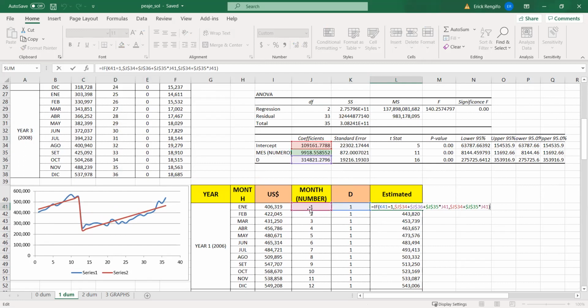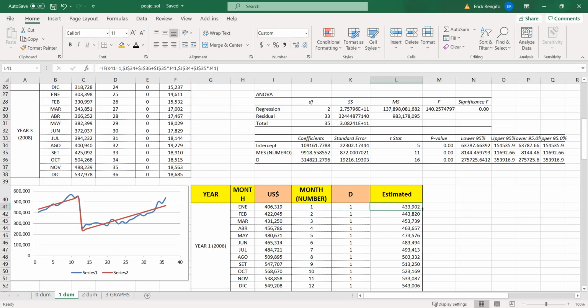So it's going to be the intercept, J34, plus J36 that multiplies the month, plus the other one. So you do the complete equation when D equals 1. If D equals 0, you can see that the regression simply gets smaller. So you only take the intercept and the month and the number of months. That's all.